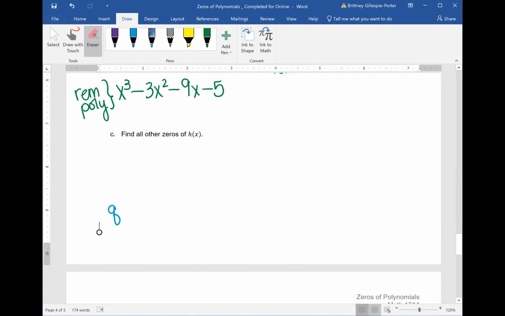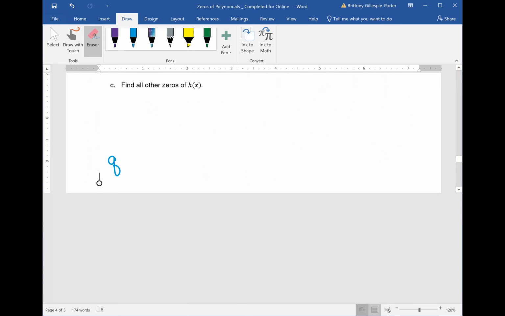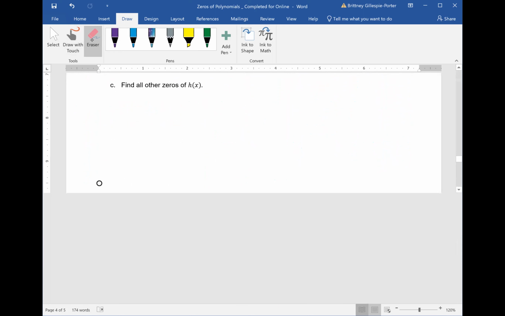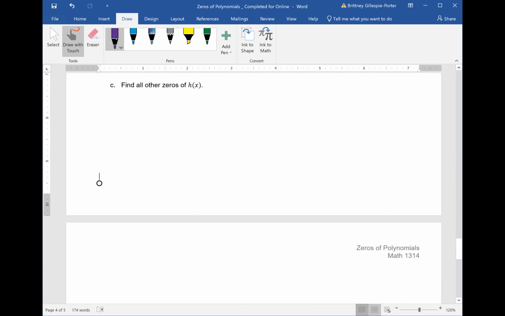So if we're finding all other zeros, we had already found some in our graph. We had found x equal to -1 and x equal to 5.